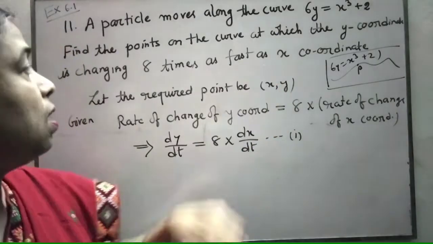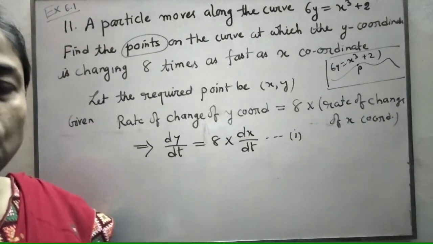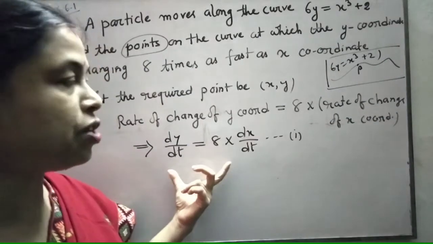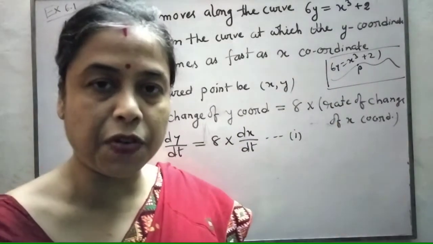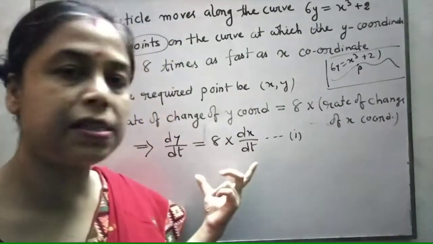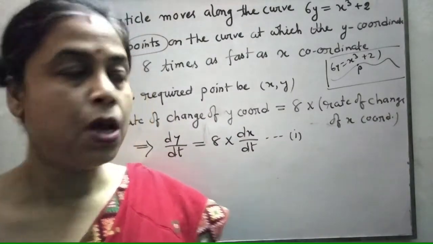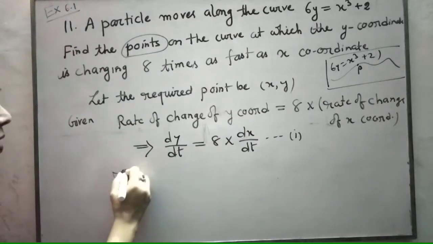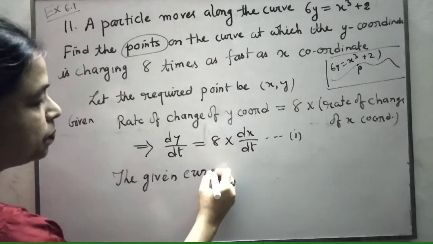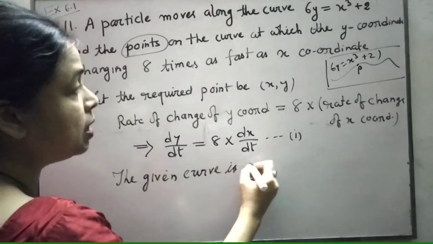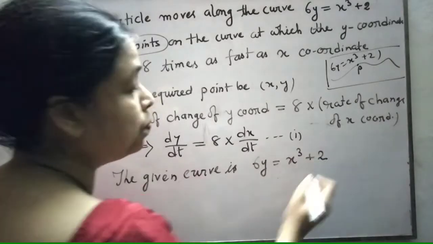Our aim is to get the point. Since this relation is given and the curve is given, if I take the derivative of the curve with respect to time, then we can use this relation and find the value of x and y. So I consider the given curve, 6y is equal to x cube plus 2.